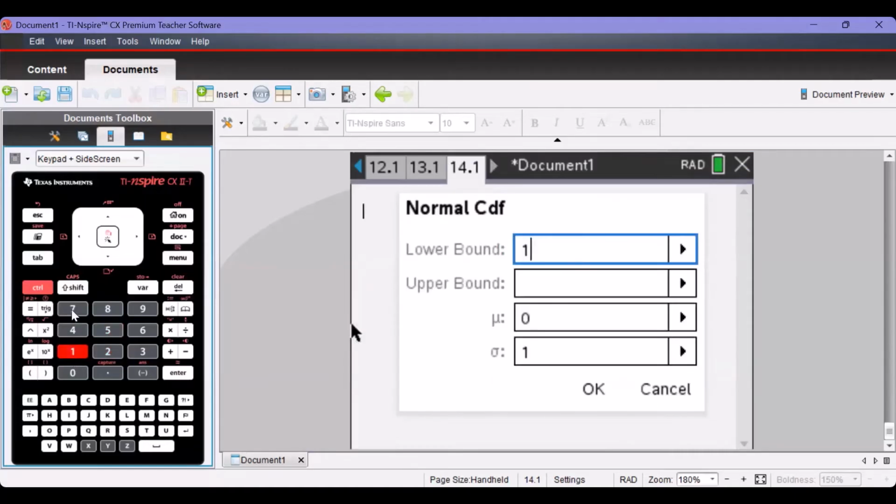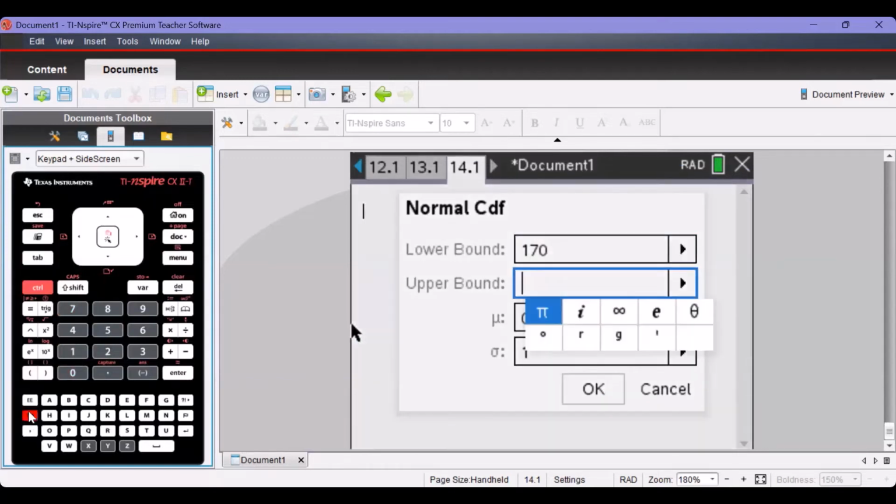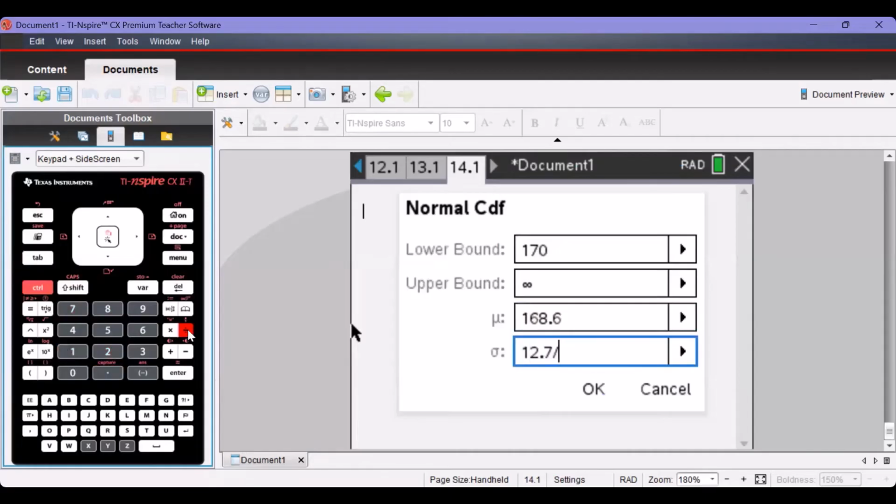The lower bound is 170. Press tab. For the upper bound, if we press the pi button and scroll across to highlight infinity, press enter, press tab again. The mean is 168.6, and press tab, and the standard deviation is 12.7 divided by the square root of the sample size, and that is 20.